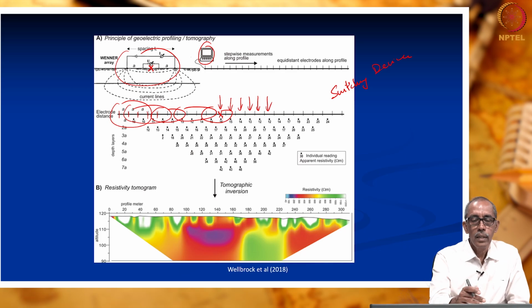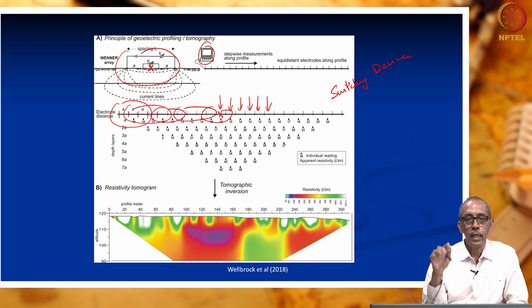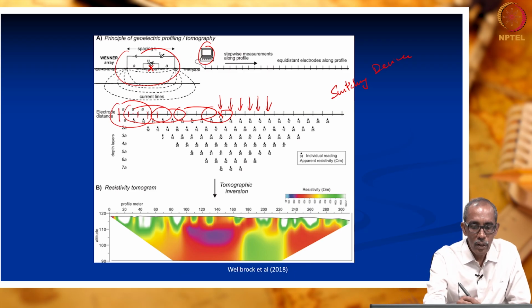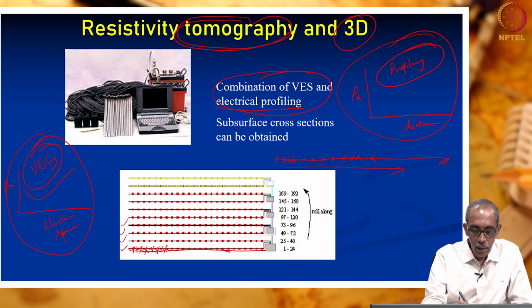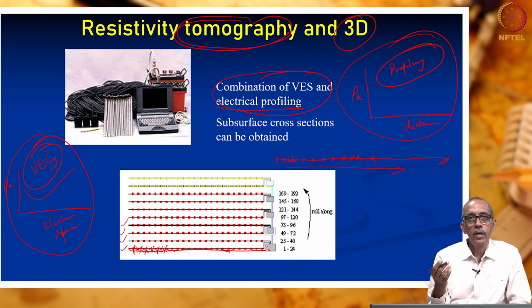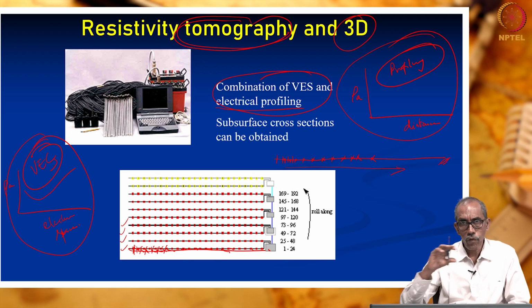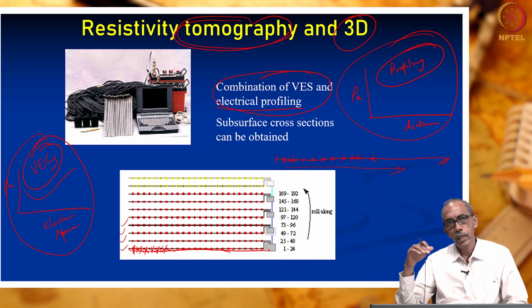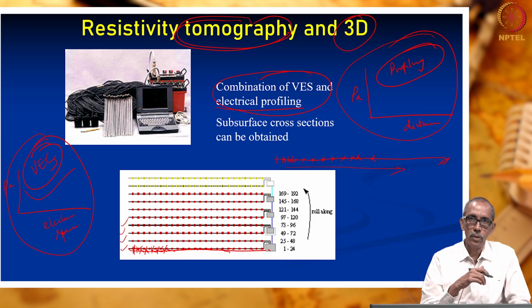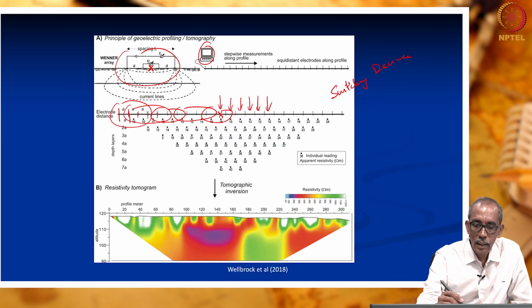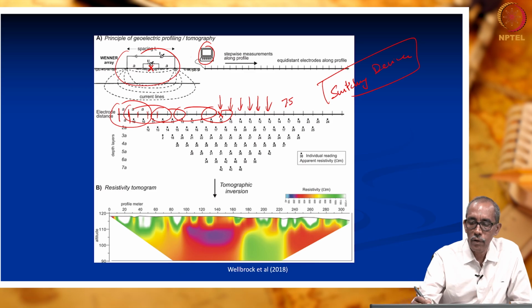In fact, you need not always move the 4 electrodes, but you may have 75 electrodes with you. All the 75 electrodes can be kept at the locations, and all these electrodes are also connected to a sophisticated cable, right. A cable will connect all the 75 electrodes to the resistivity meter. I am just telling you some number, 75 electrode system.